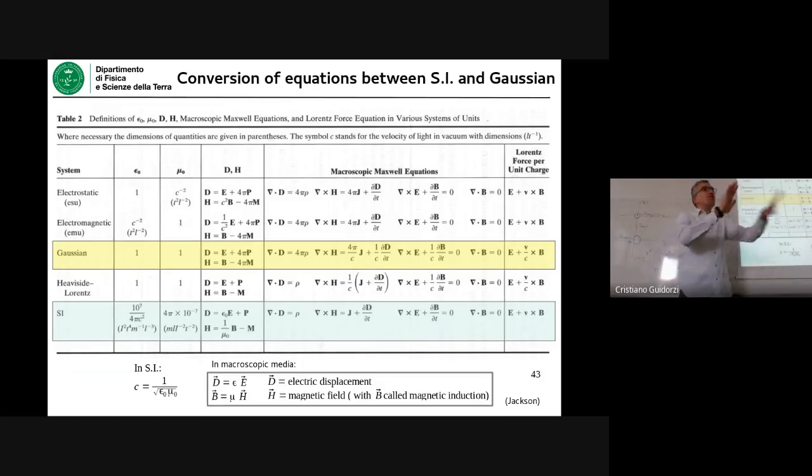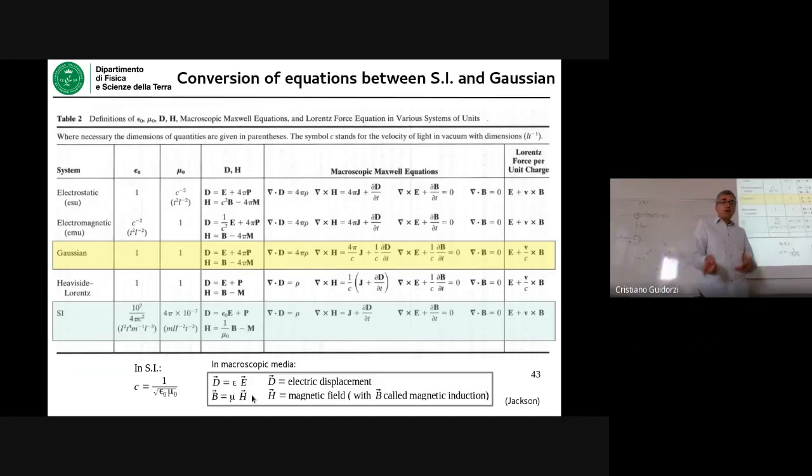In this course, I will just consider vacuum, at least vacuum with some charges and currents; we don't consider media, at least for the part of this course relevant to this program. But in any case, this is a way to move from D to E, or H, which is properly the magnetic field, even if B should be called magnetic induction, even if I will be calling B the magnetic field all the time, because they are equivalent.